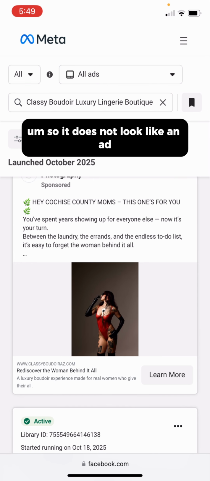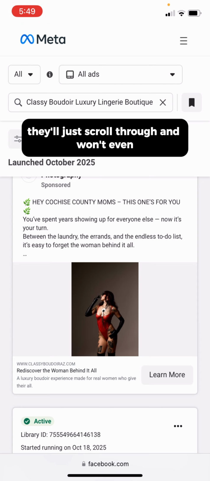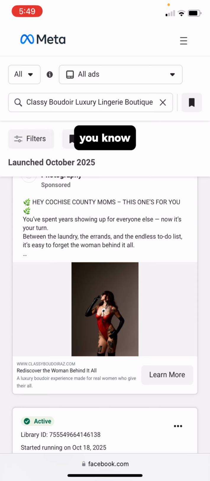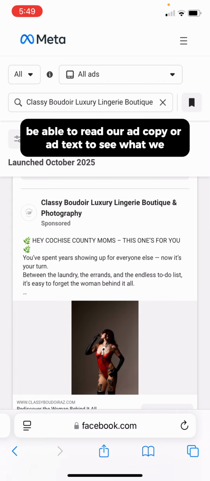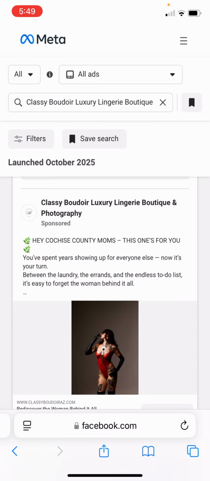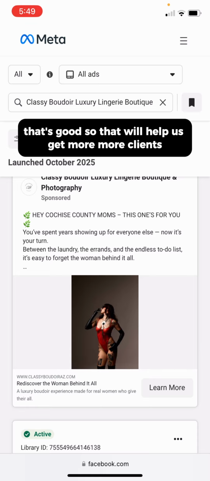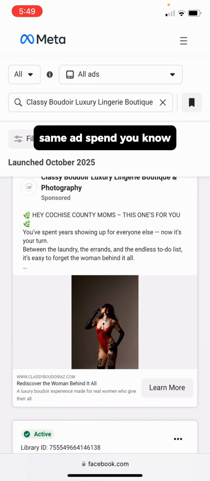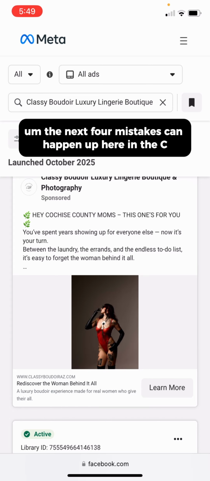People do not like to be sold to, and if it looks like an ad, there's a higher chance they'll just scroll through and won't be able to read our ad copy to see what we're offering. So, not a mistake there. That will help us get more clients, same ad spend, better booking rates, better show rates, better conversations, more qualified leads.